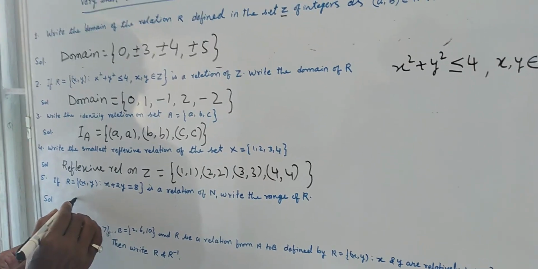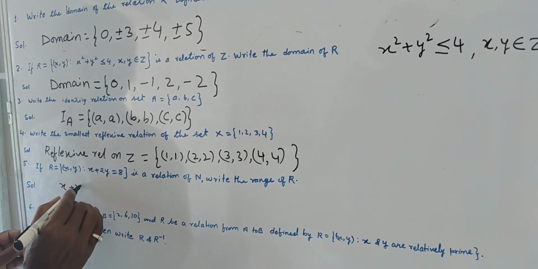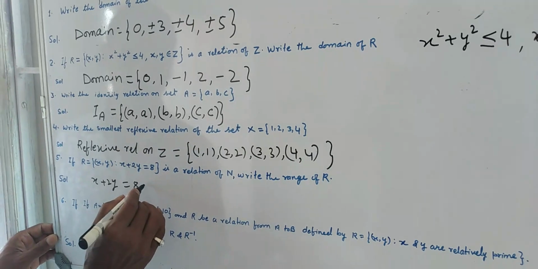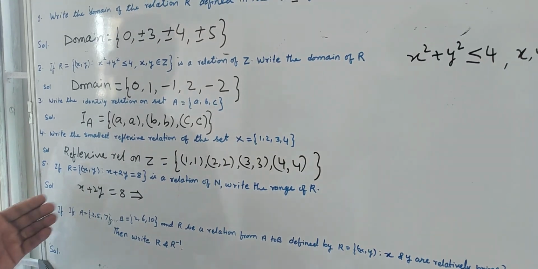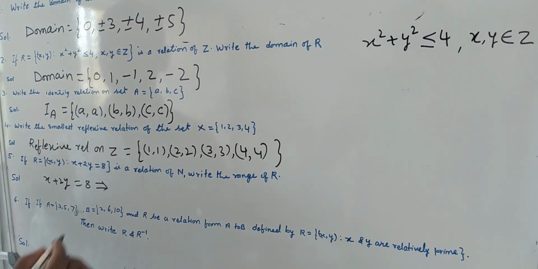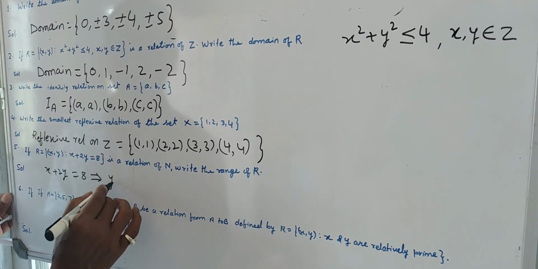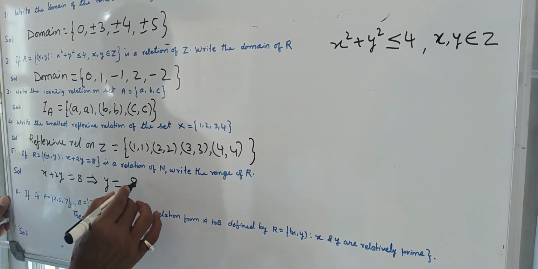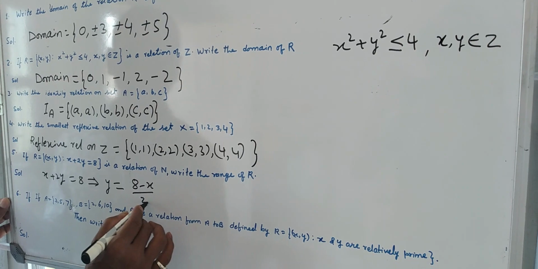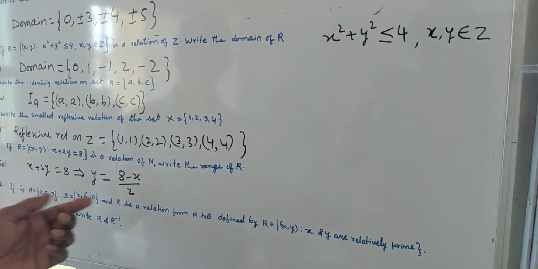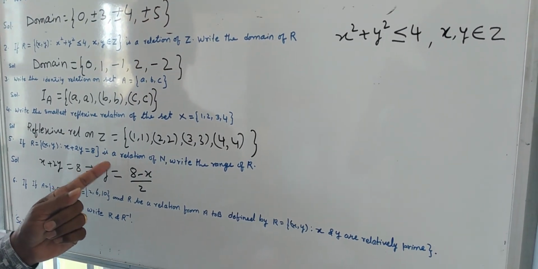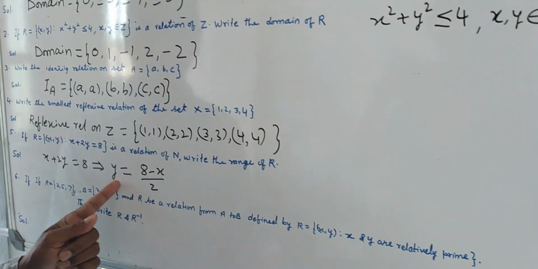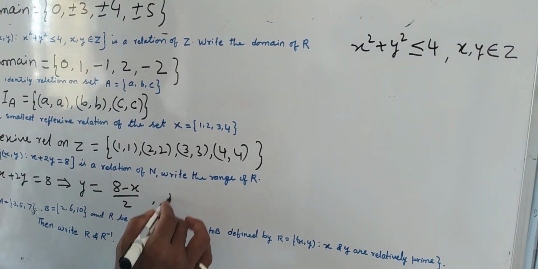So here the relation is x plus 2y equal to 8. This implies you can write y in terms of x: y equal to (8 minus x) by 2. Now you put values of x from the natural numbers, you will get different values of y.